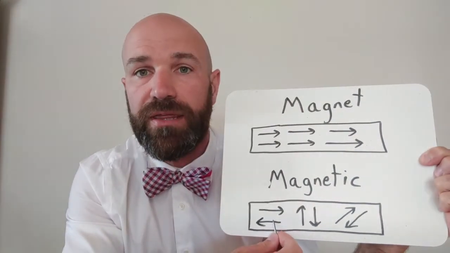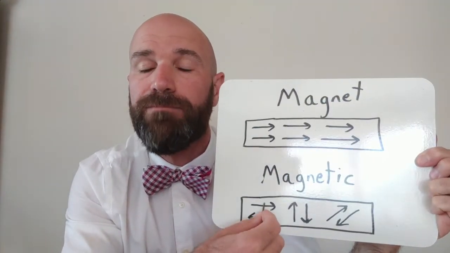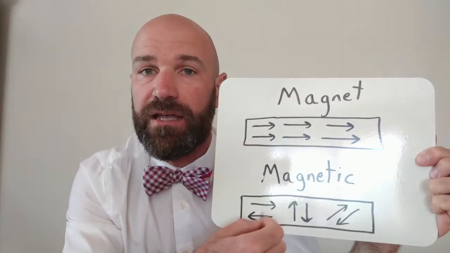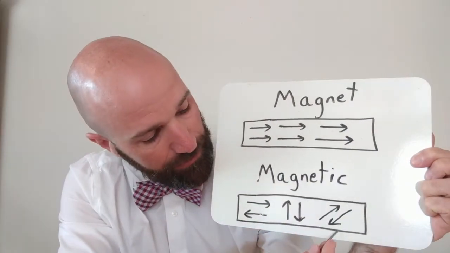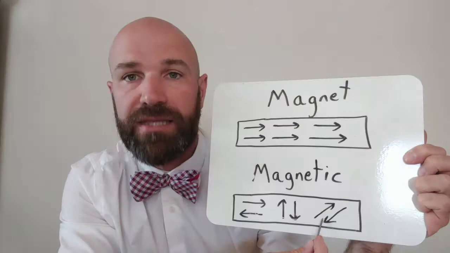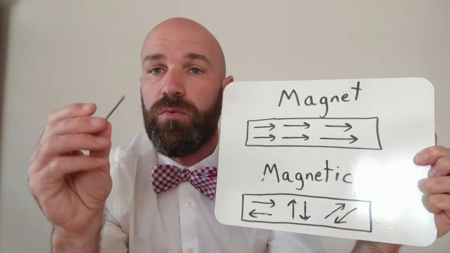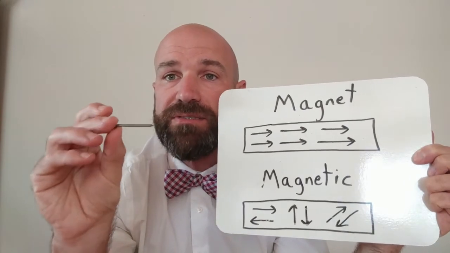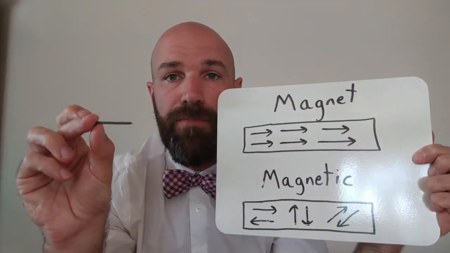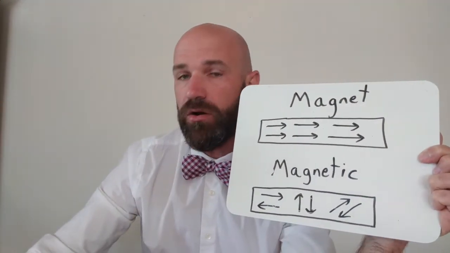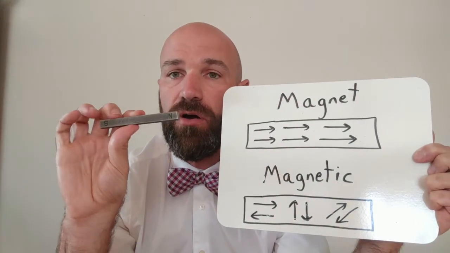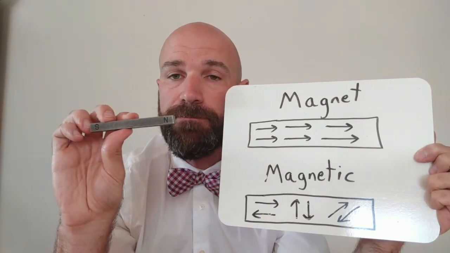And this one has all the atoms lined the other way. So those magnetic domains cancel each other out. And in this example here, this piece of iron has magnetic domains that are canceling each other out. So it does have magnetic domains. So we say this thing is magnetic, but it's not a magnet, all right? Whereas with a magnet, its magnetic domains are aligned, okay?